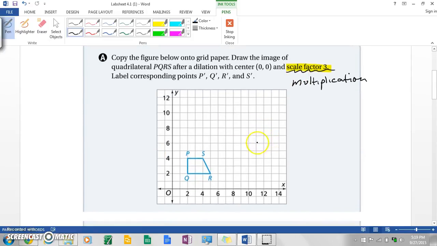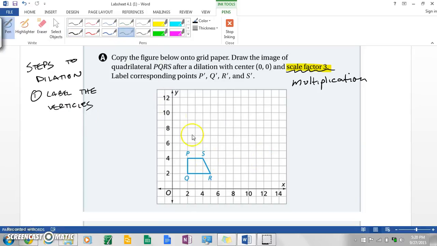Alright? So let's go down and let's complete this example. The first step in completing a dilation, we'll call it steps to dilation, is to first label the vertices. What I mean by that is this. If we go down to our shape, we see P is there, S is there, R is here, and Q is here.